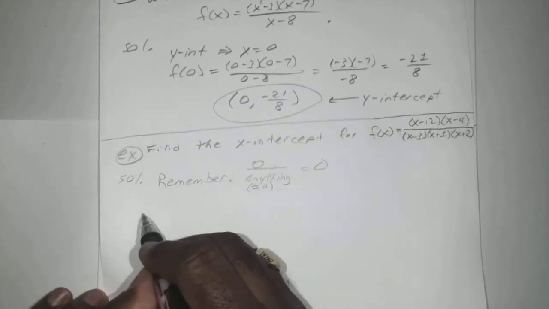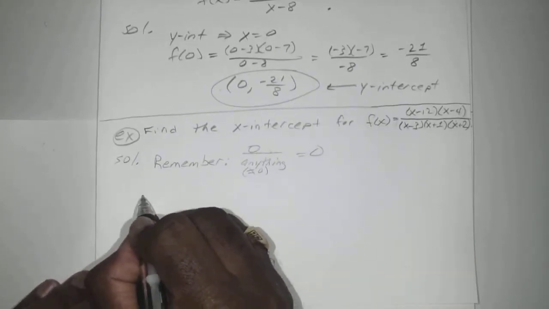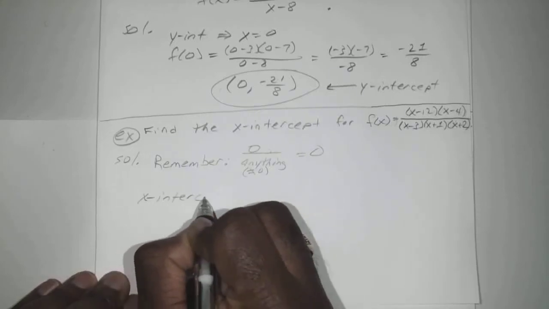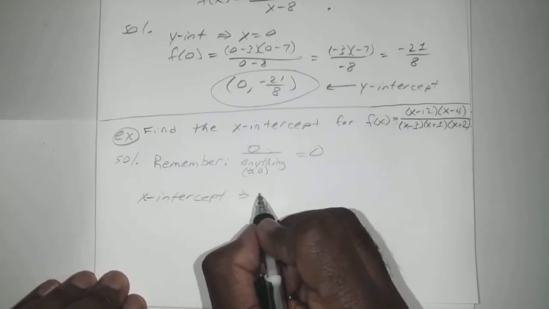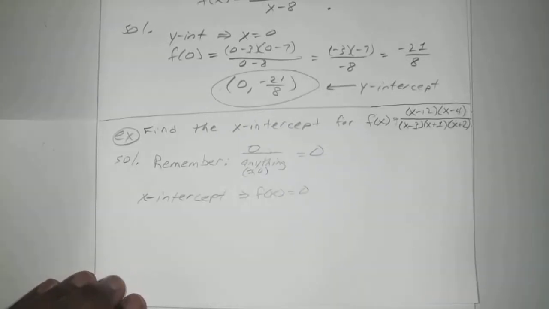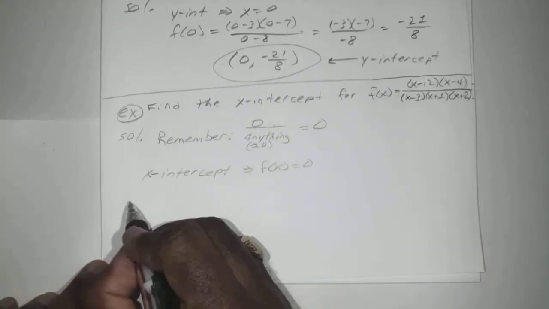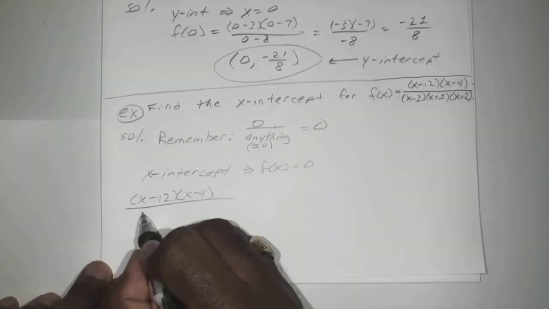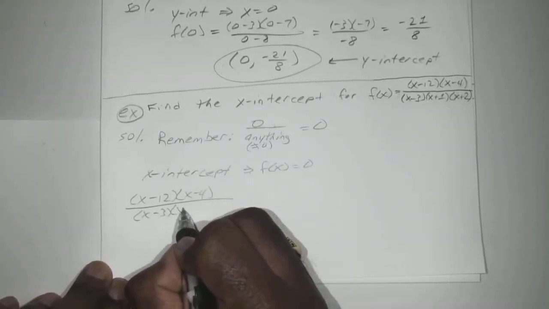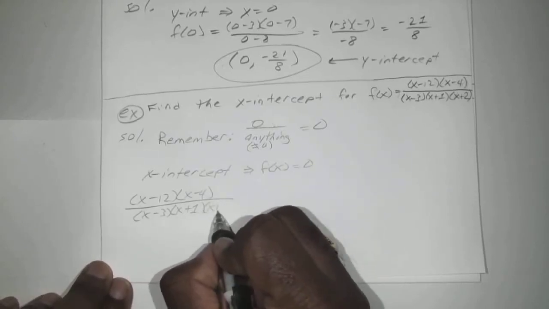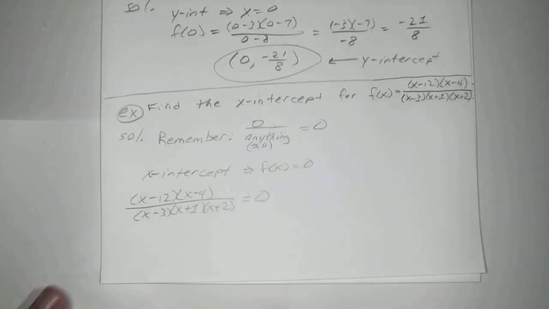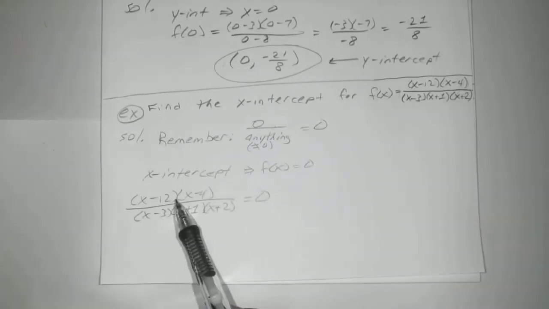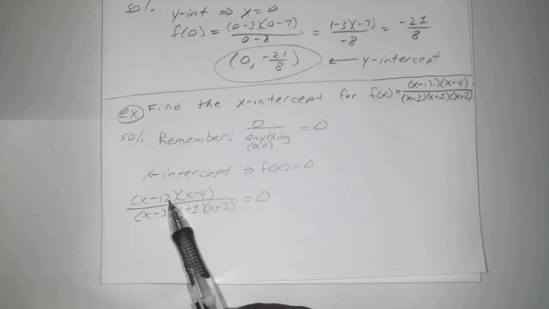Okay. So we know that our x-intercept just means we make our f of x equal 0. So that means that we have x minus 12 times x minus 4 over x minus 3 times x plus 1 times x plus 2 equals 0. But 0 divided by anything will give us 0, so really all we need is our numerator to equal 0, and this will be true.